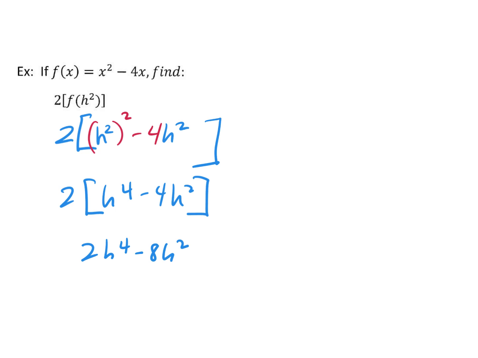Questions on that? Issues with that? Would we have to simplify it, or does it not matter? Simplify which part are you asking about? Could you take 2h squared out of it? Oh, factor it out? No, you do not have to do that. This is totally fine. Now, if this was in the context of some type of equation, where we're trying to find zeros and something called critical points, which you guys didn't learn anything about last year, did you?